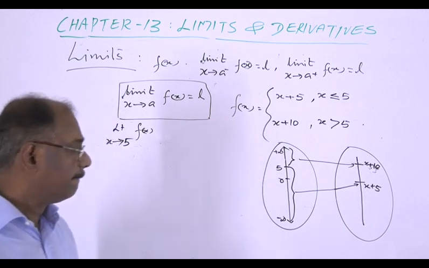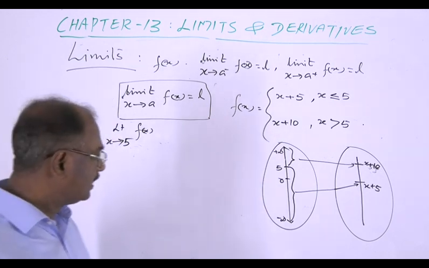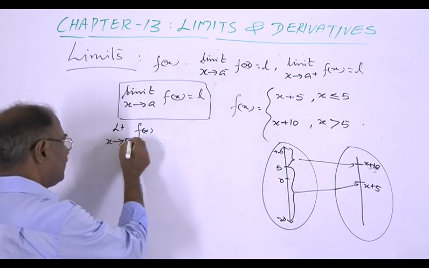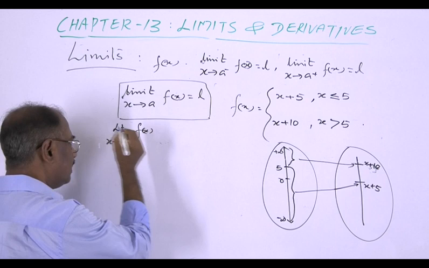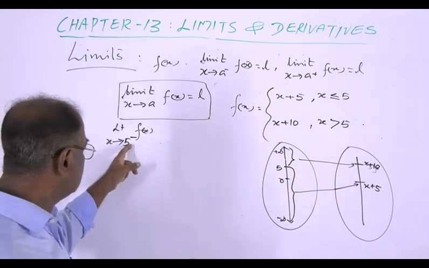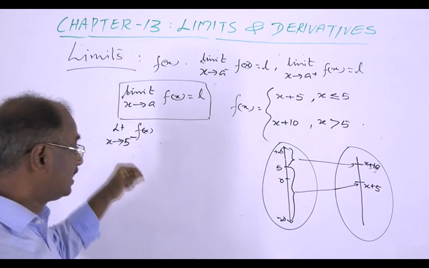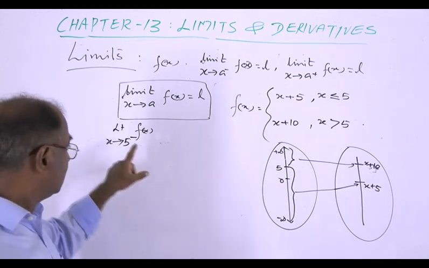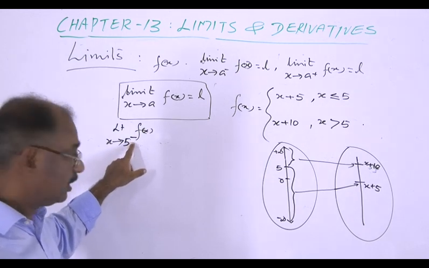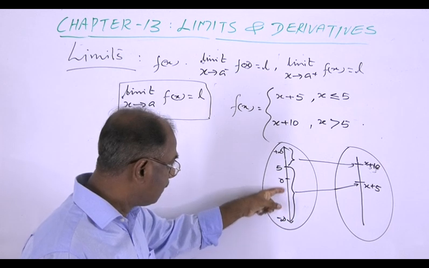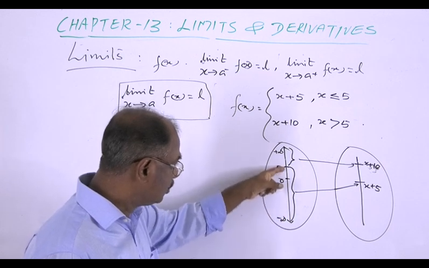As x tends to this 5, first we find the left-hand limit. x tends to 5 from the left, that means from this side to this.